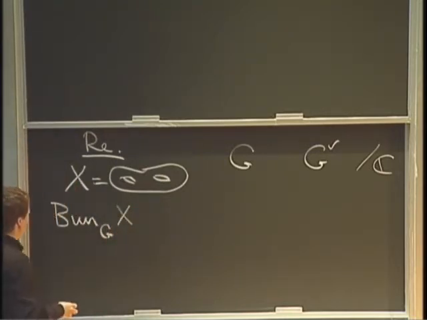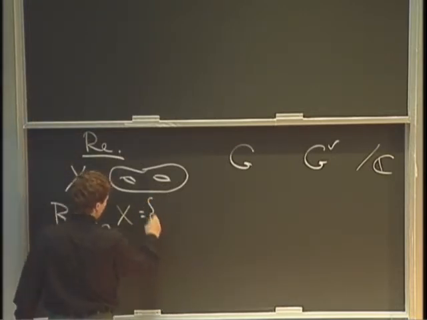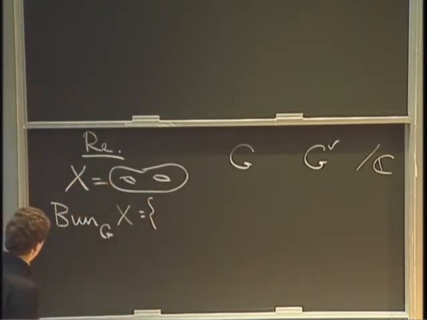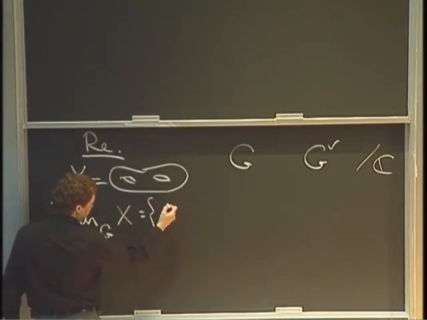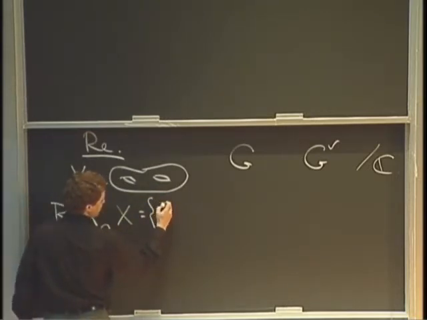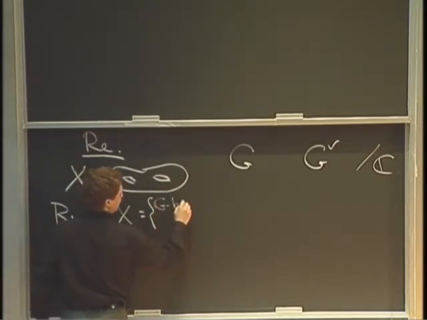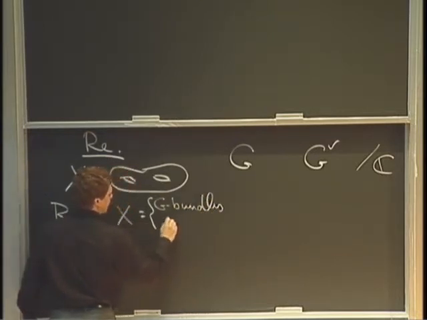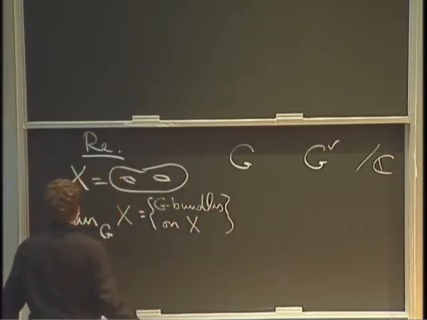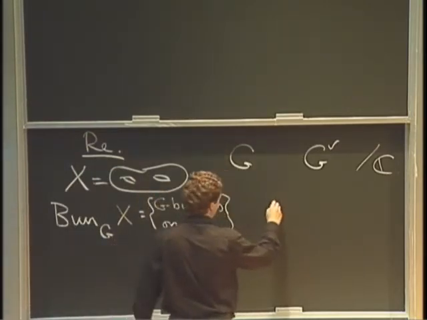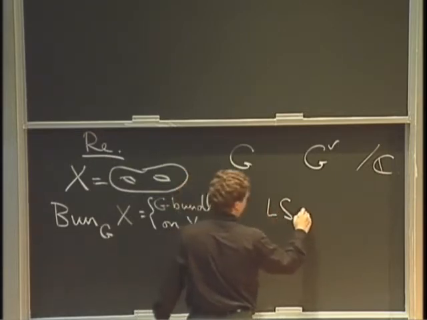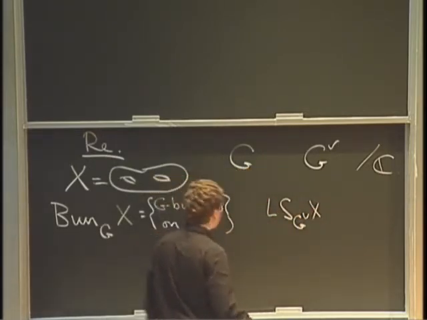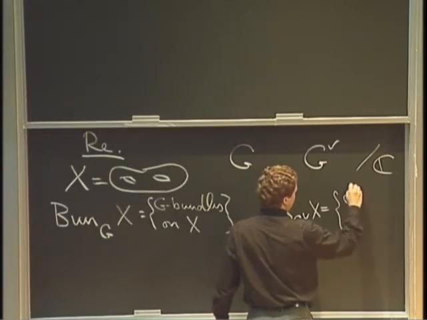So then the key objects are this. There are two sides. This would be the A side. Bun_G(X) is the stack of G-bundles on X. And the other side, the B side, is the stack of local systems for the Langlands dual group.